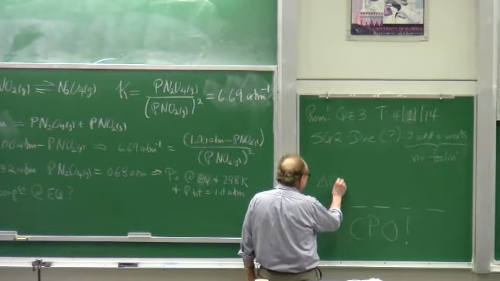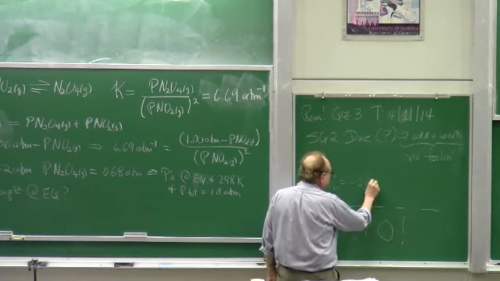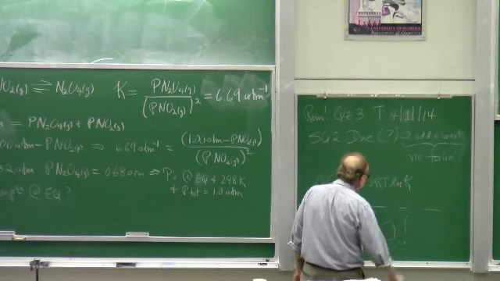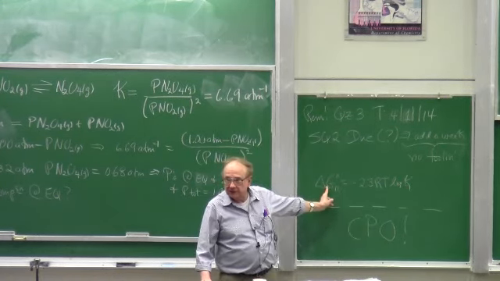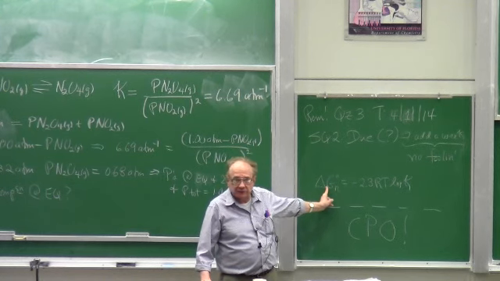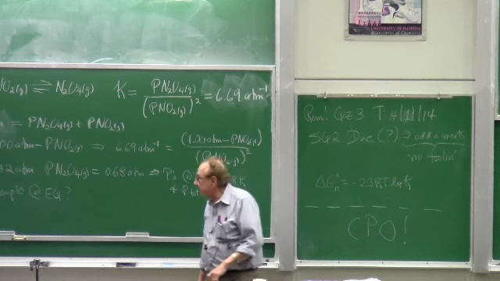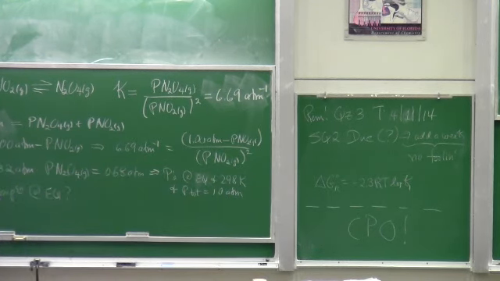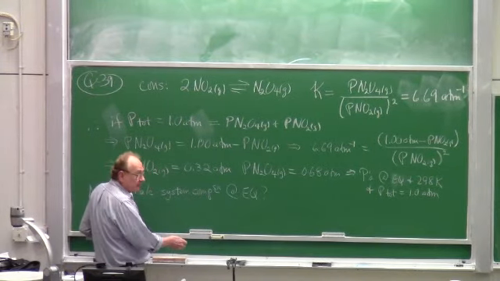It came from this. Delta G 0 comes from delta H 0 and delta S 0. The temperature is 298 K. R is a constant. Put in the numbers, do the arithmetic. Do it. You need to practice.